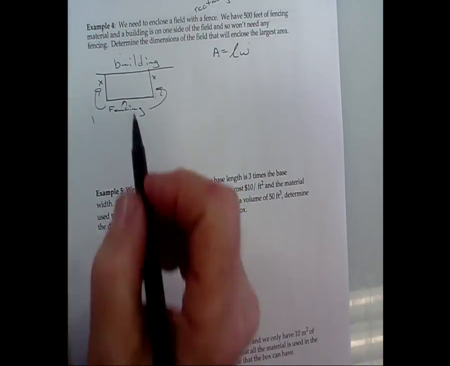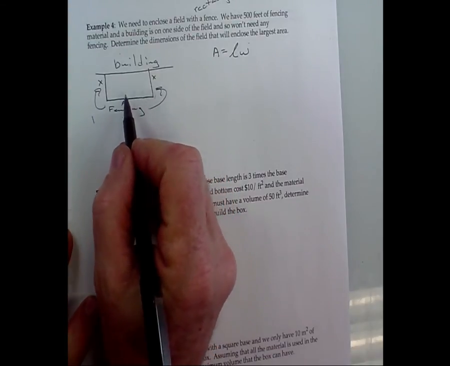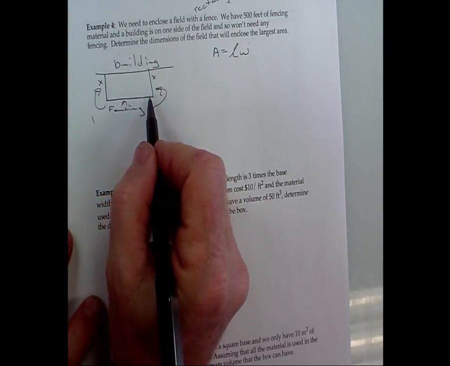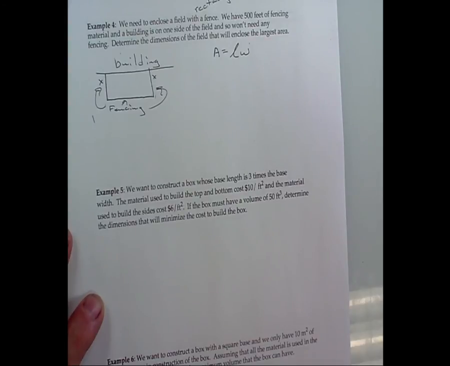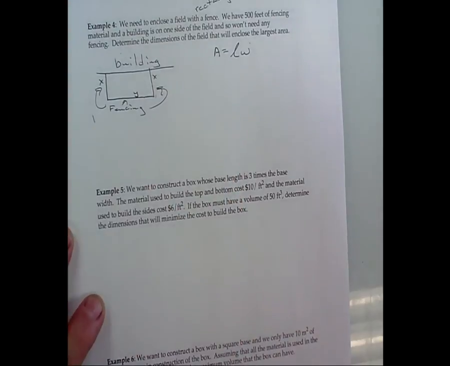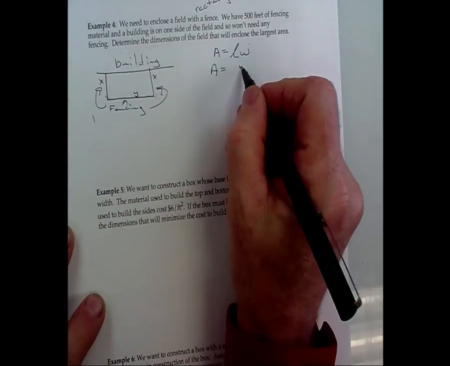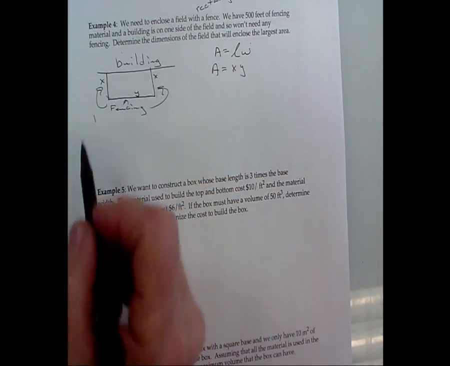What are you going to call this? Can you call it y? Okay, I'll call it y. So this area is length, which is y, times width, which is x. So I'm going to call it xy. Would you agree with that? You said it's length times width. My length is y. My width is x.